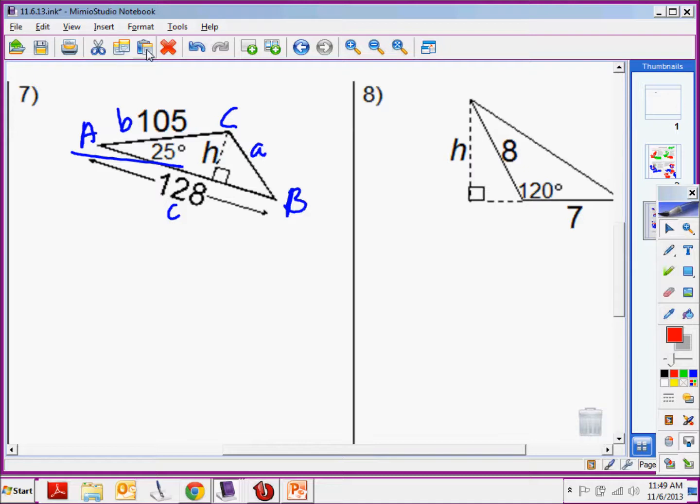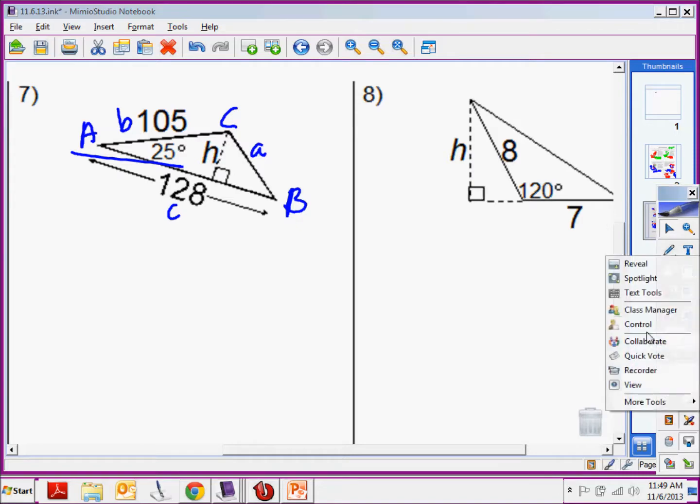Angle A. So which formula am I going to use? Is it the CB sine? There you go. That's why we learn the formula. Otherwise you guys would have to do it over and over and over and over.